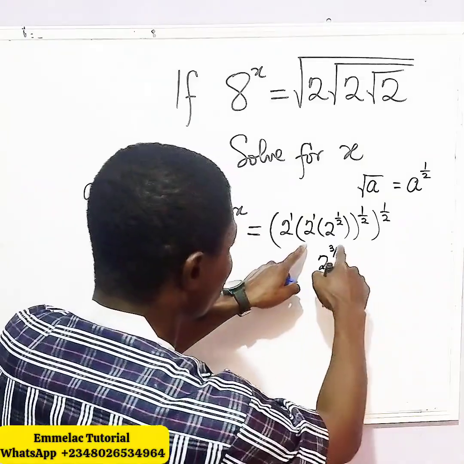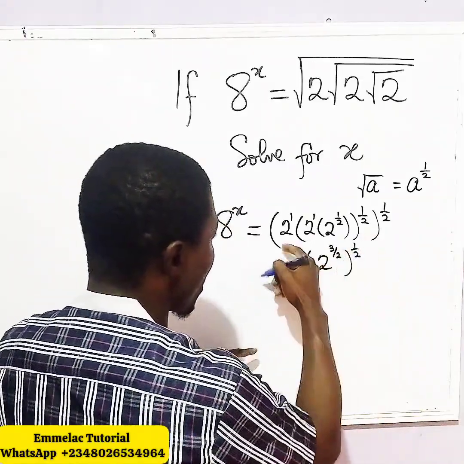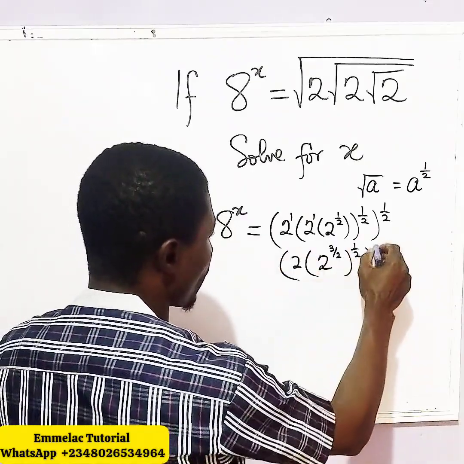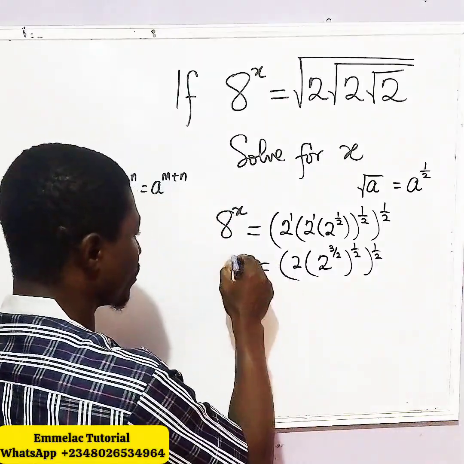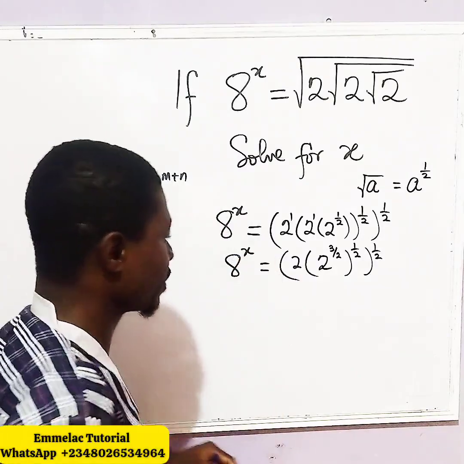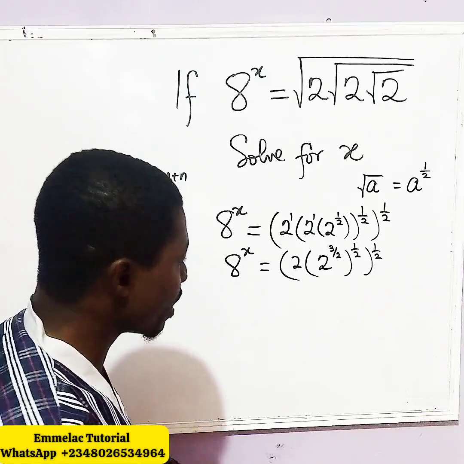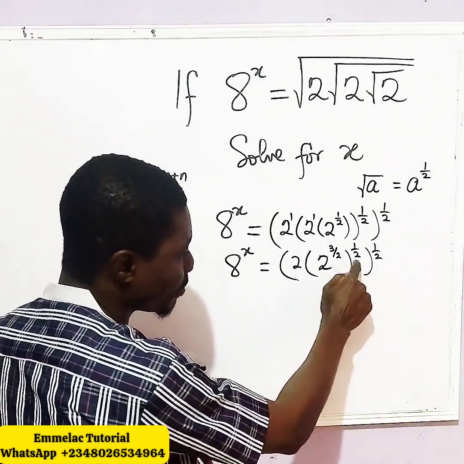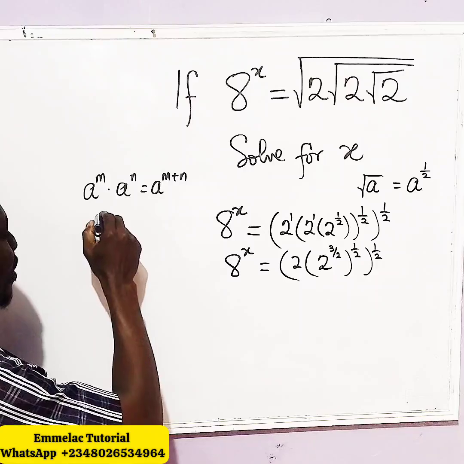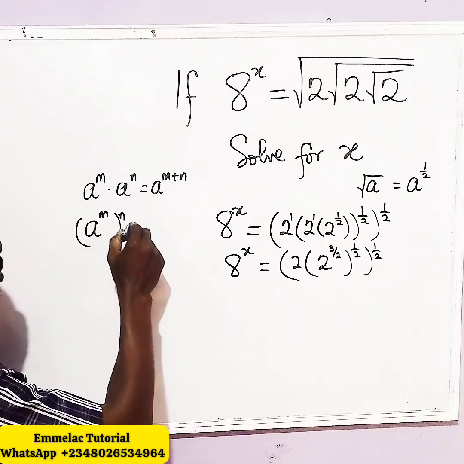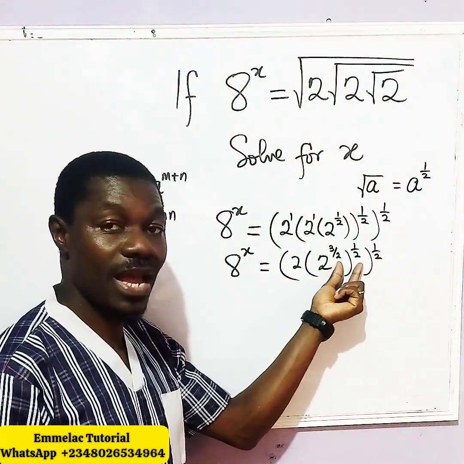Now take note, we've resolved this. Now this gives us 1 over 2 here, and this 2, 1 all over 2. Are we following? Alright, so all raised to 8 raised to x equals 8 raised to x. The next thing we need to look at here is, by multiplying, a raised to m, all raised to n, gives us a raised to mn, which implies that we will multiply the exponents.